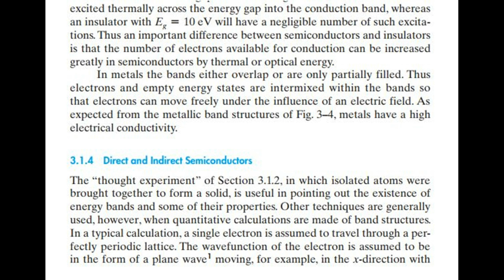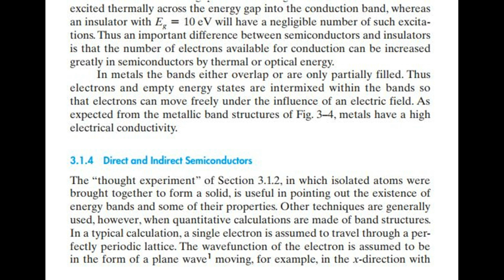In metals the bands either overlap or are only partially filled. Thus electrons and empty energy states are intermixed within the bands so that electrons can move freely under the influence of an electric field. As expected from the metallic band structures of Fig 3.4, metals have a high electrical conductivity.